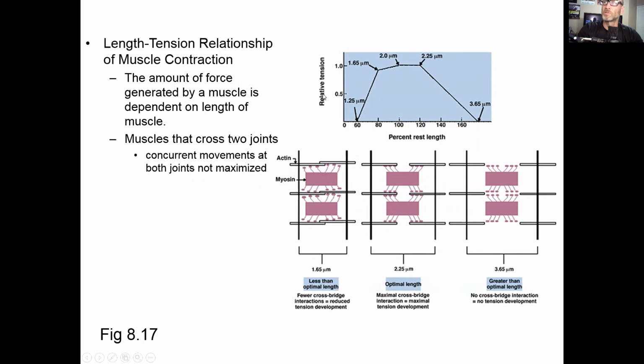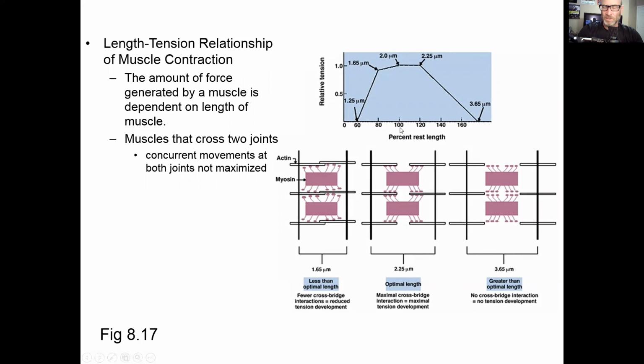Let's just use force here on the y-axis and percent resting length. So this is 100% resting length. This is if we took the muscle out of the body, threw it down on a table, and it would flop around and it would come to a resting length. That's what that 100 represents.